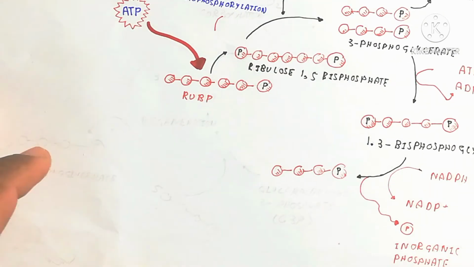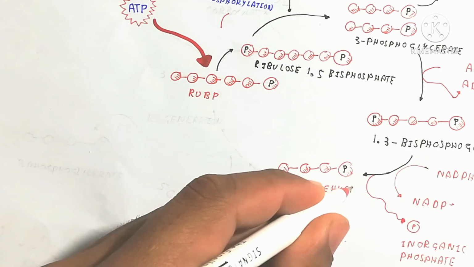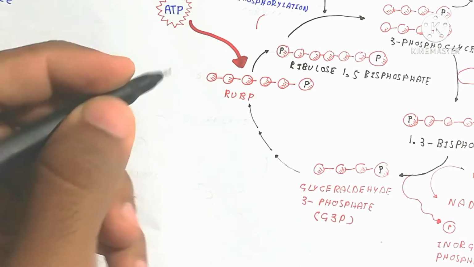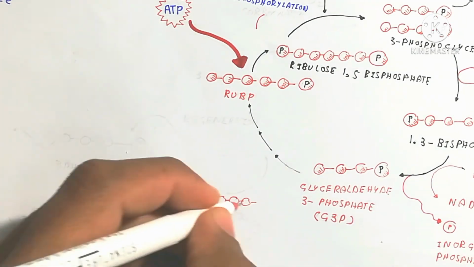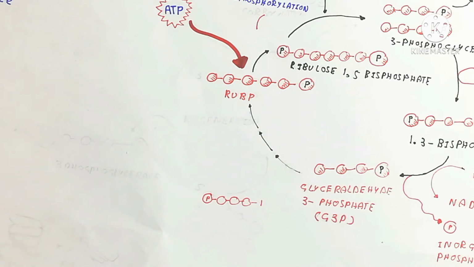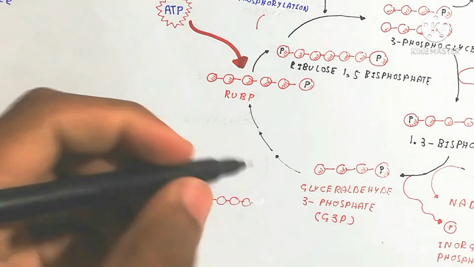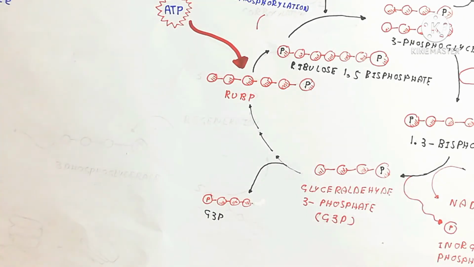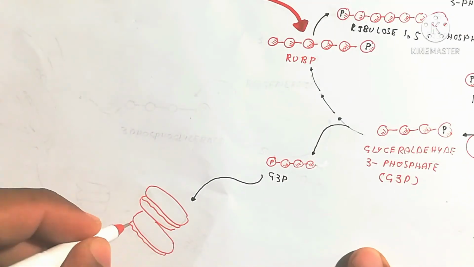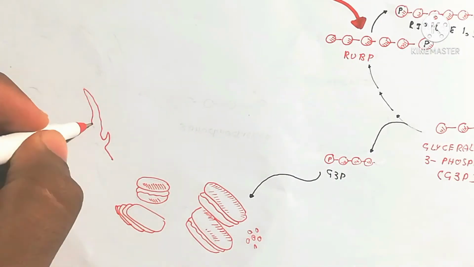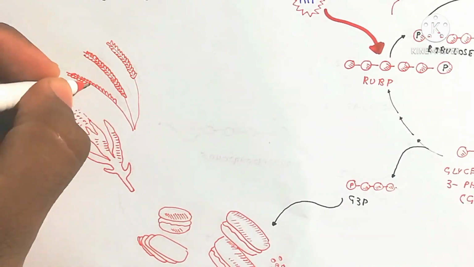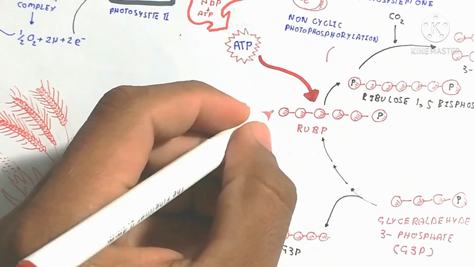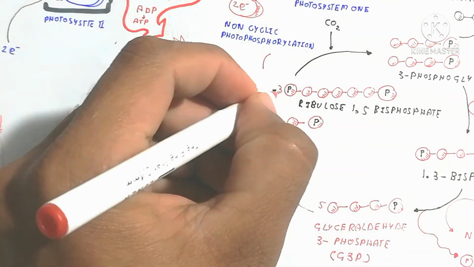The inorganic phosphate group is released by dehydrogenation, and glyceraldehyde 3-phosphate, G3P, is produced. This step is known as reduction, and it goes into regeneration: one molecule is separated, and the other molecules go toward RuBP by a different chemical mechanism. This G3P is used for making cereal crops and so on, and their quality is due to the further processing of these products.